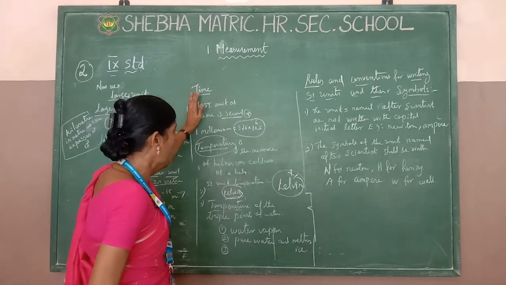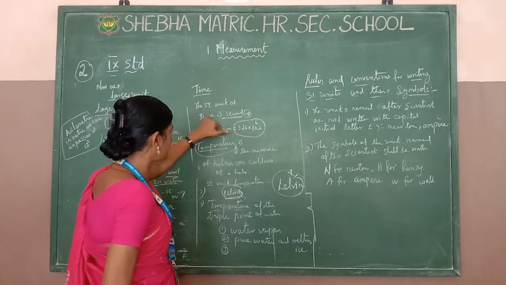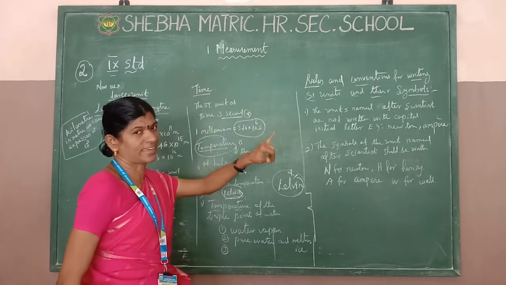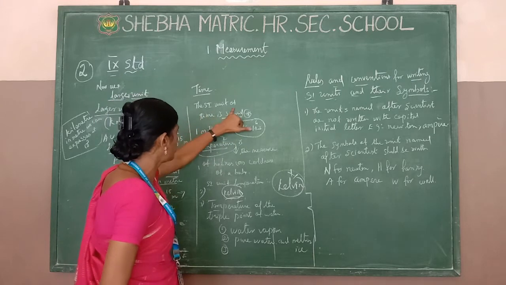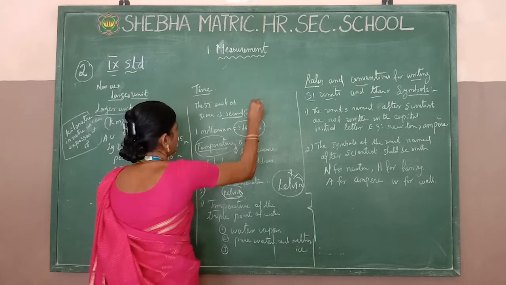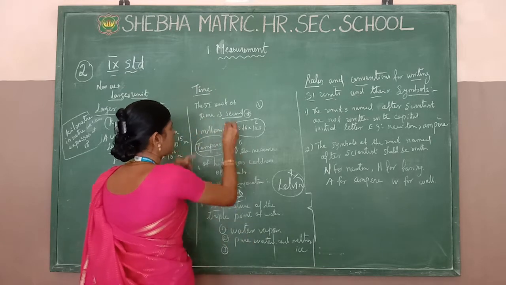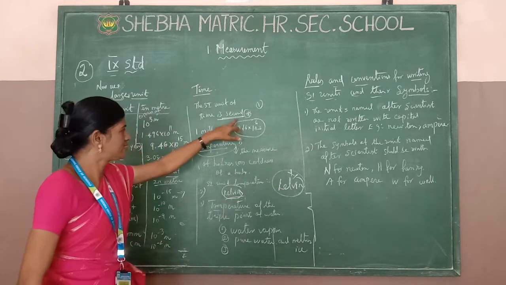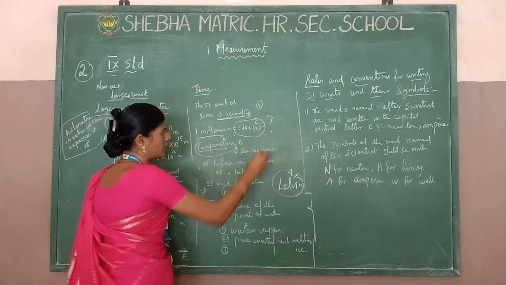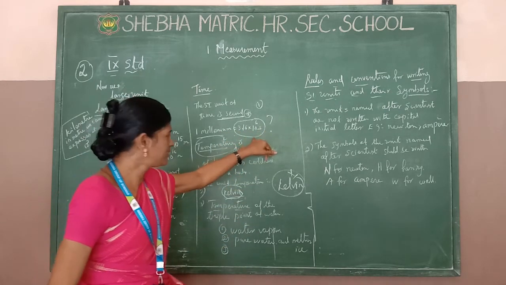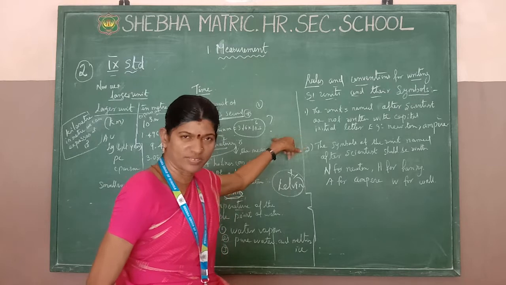So time, the SI unit of time is second. Clear? One more question: the SI unit of time is dash seconds. Okay, 1 millennium is equal to what? 3.16 into 10 power of 9 second.